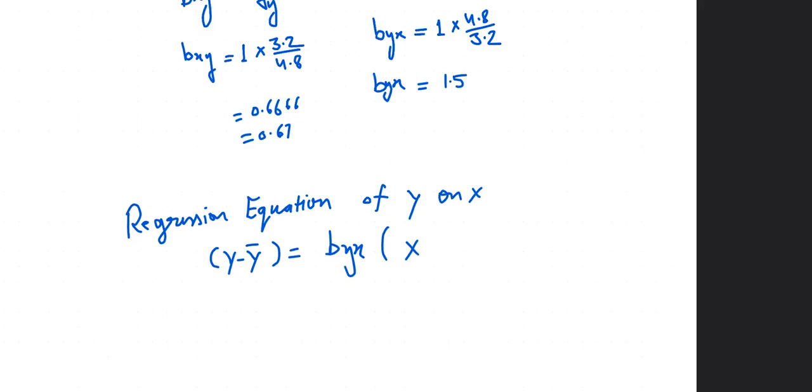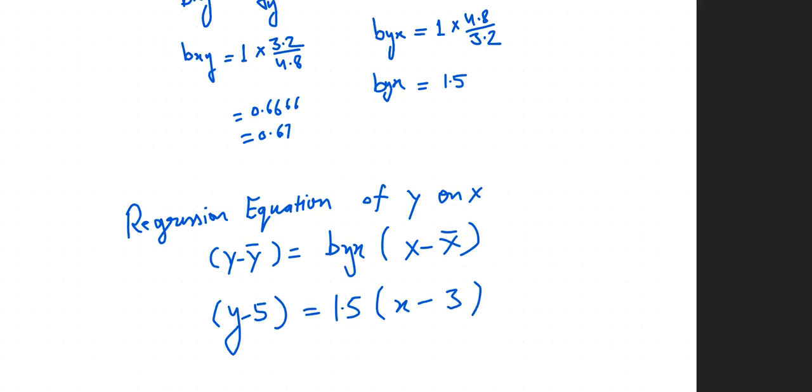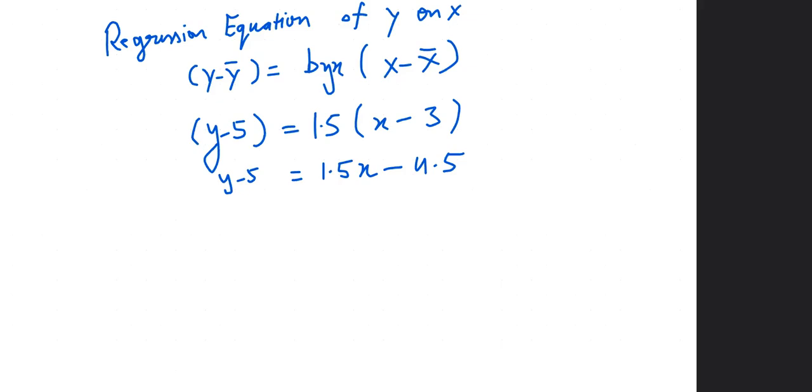Putting in the values: y minus 5 is equal to 1.5 into x minus 3, so y minus 5 is equal to 1.5x minus 4.5.